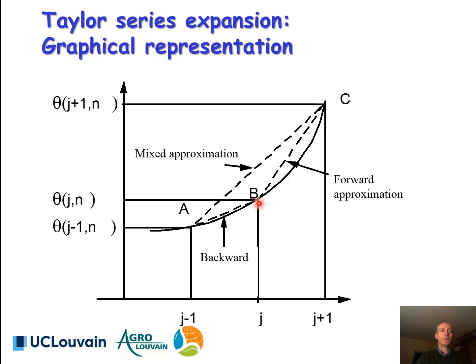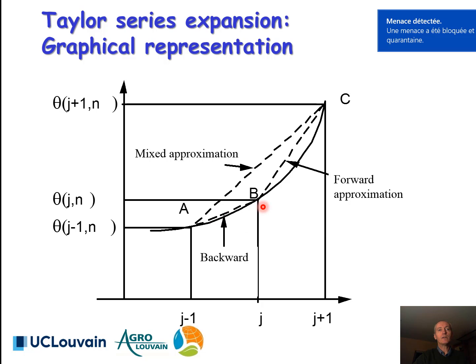In this example, the first solution, the forward solution, will yield a slope that is slightly larger than the real slope at point g. The second solution, the backward solution, will yield a slope that is smaller than the real slope. The third solution will probably be the closest to the real slope.